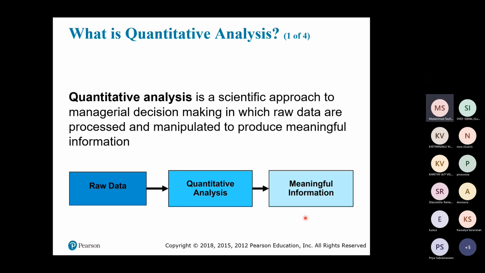For example, a graph, a table, maybe a picture, anything that represents the information you get from the data. The process of transforming raw data into information is what we call quantitative analysis.